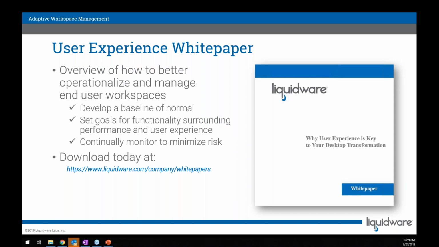Speaking specifically to visibility, the vROps tool that you get from VMware is really an infrastructure-centric tool that has some end-user computing-oriented visibility, but it is not capturing persistent workspace analytics over time.